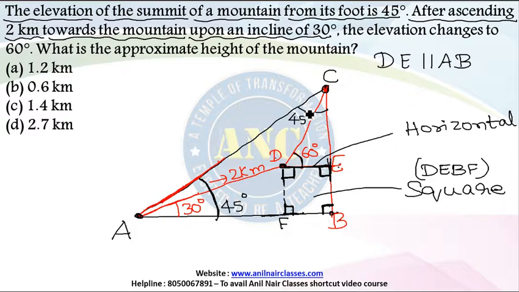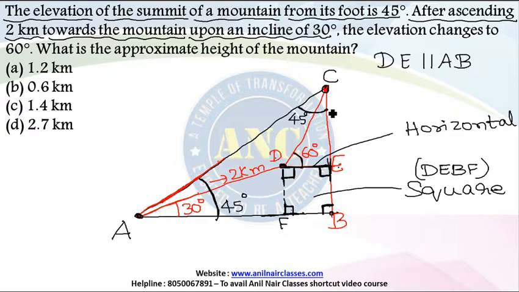This entire angle is 45. That means, can I say that opposite to that 45 degrees, if I assume it as 1 unit, then opposite to this 45 also will become 1 unit.